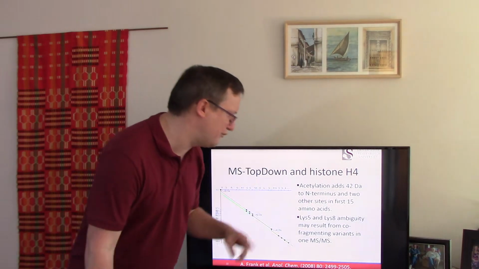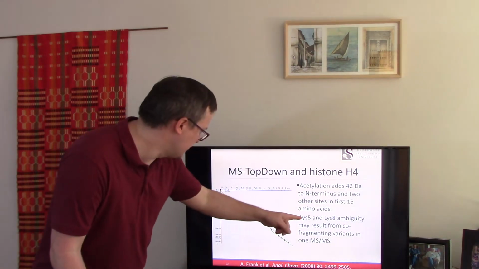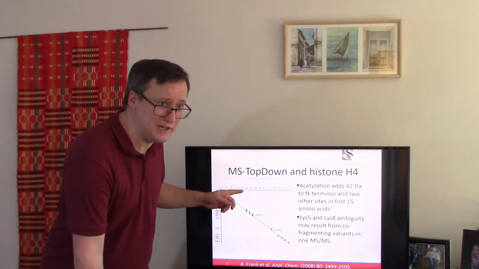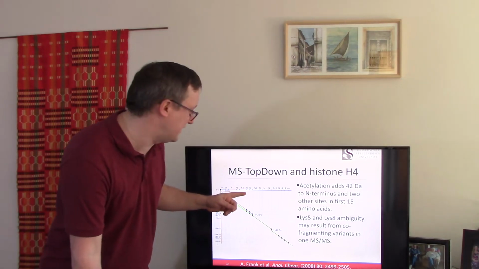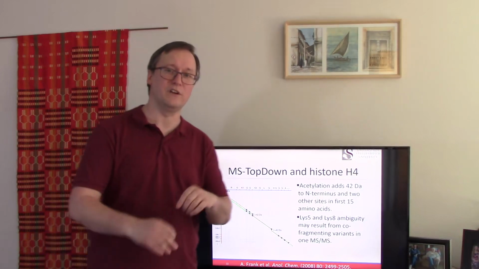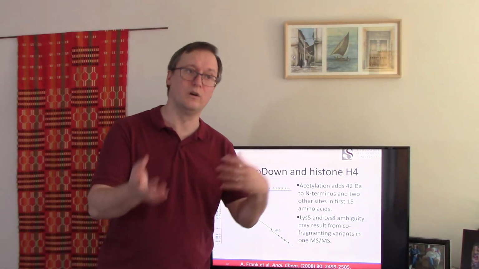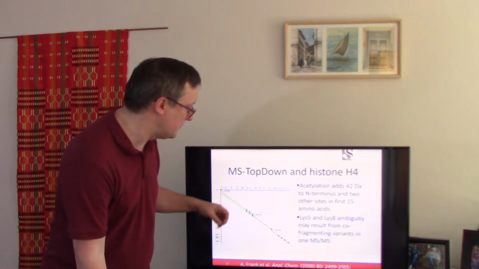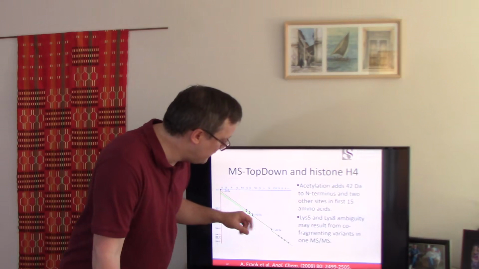I'm sorry, acetylated form, my bad. That was plus 42. Yes, so we see that it's either acetylated or trimethylated, either way around. And it may be that the spectrum has evidence for both variants, where the K5 is acetylated in one case or the K8 is acetylated in the other.